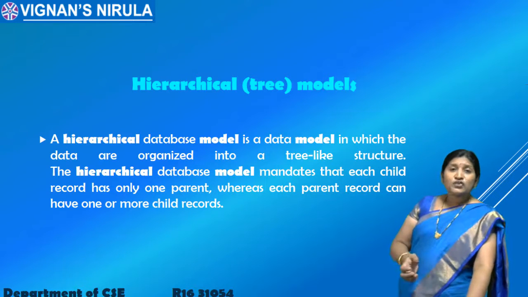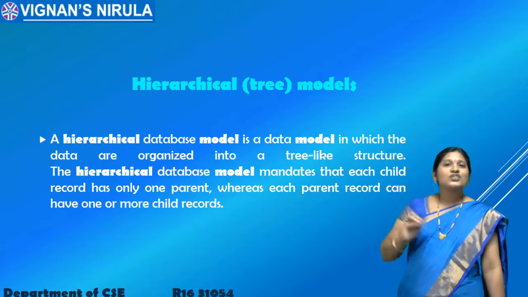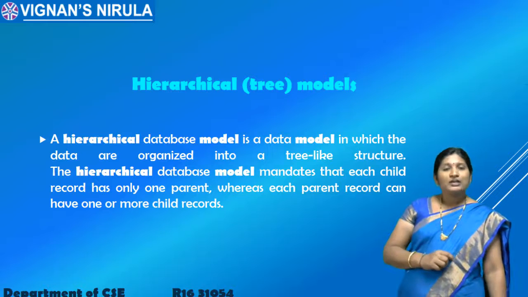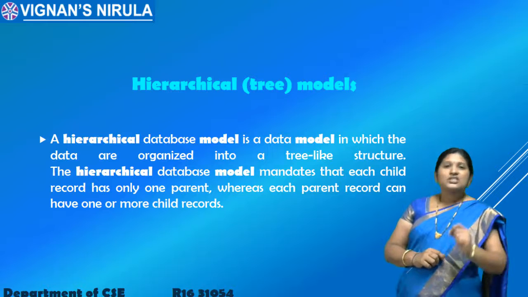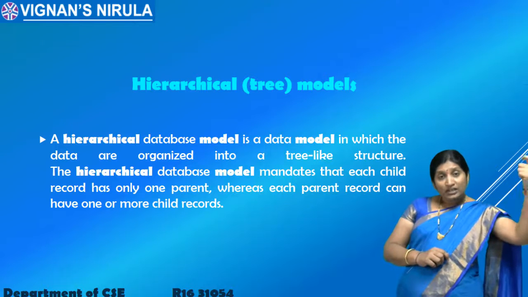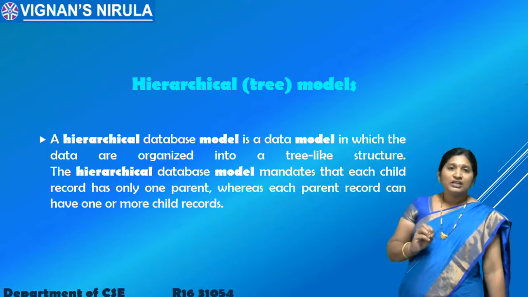In the hierarchical data model, for each and every data item within our database, there exists a parent-child relationship. One parent can have several children, but one child may have only one parent. These are the restrictions within the hierarchical data model.